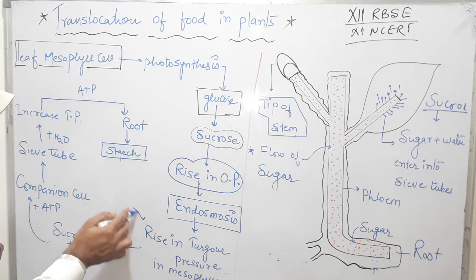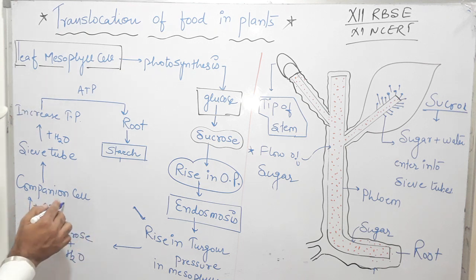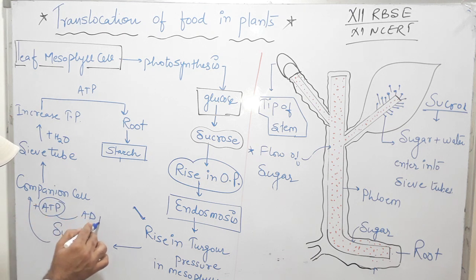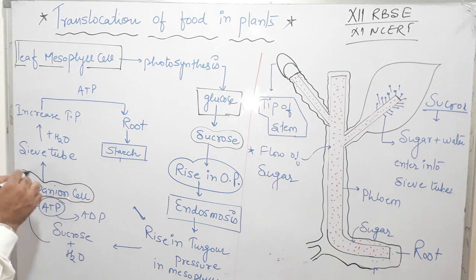So the increase in turgor pressure creates a turgor pressure gradient, and due to this gradient, sucrose plus water, with the help of ATP, which takes 1 ATP and releases 1 ADP, enters into the companion cell of the phloem.